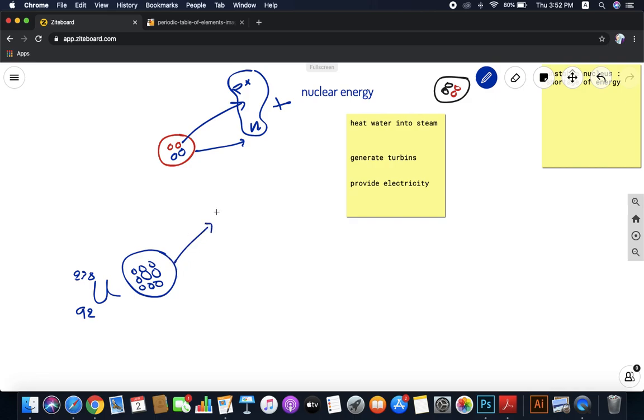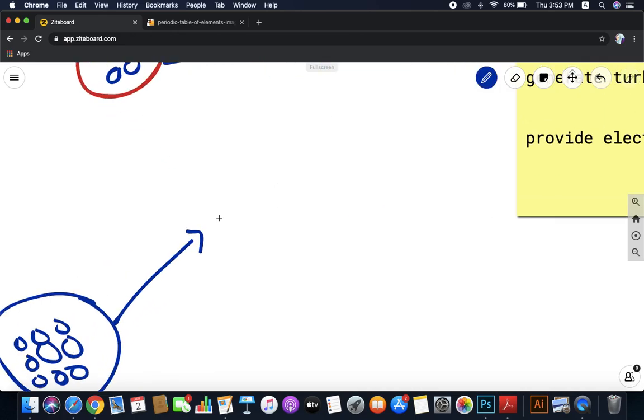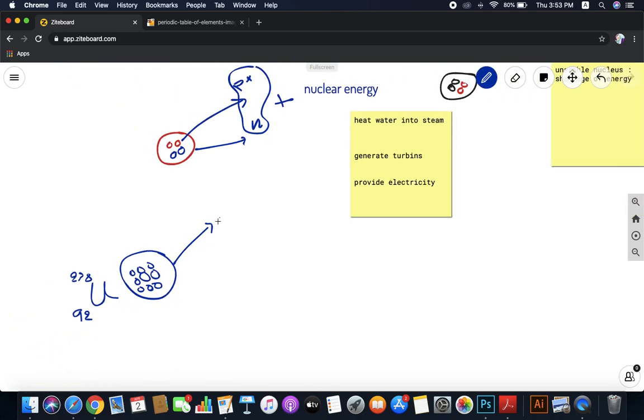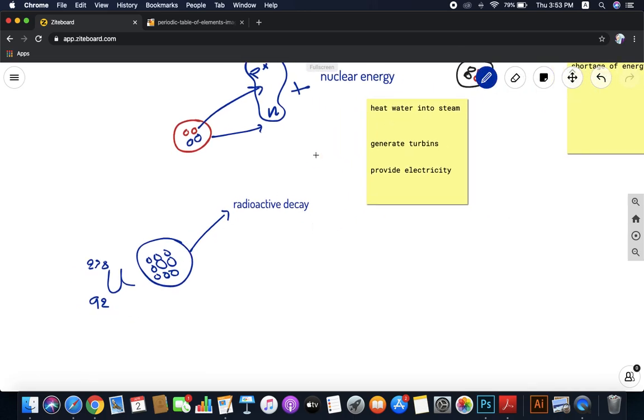We will call them radioactive decay, and it will produce also the stable atom.